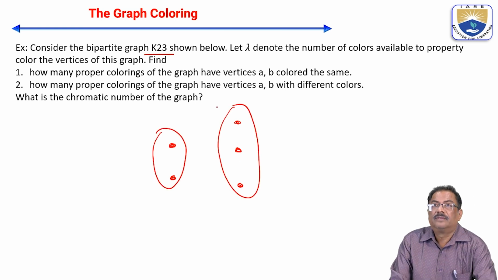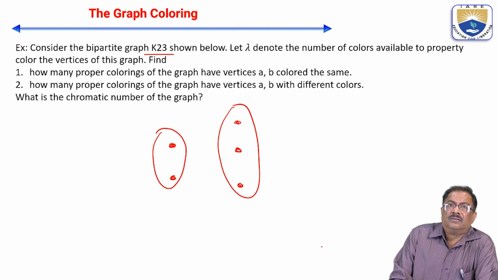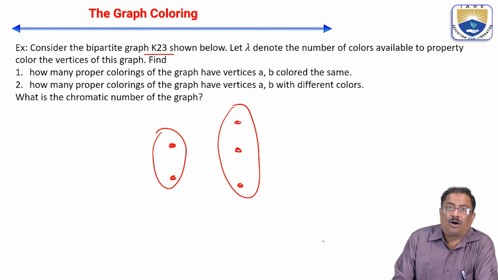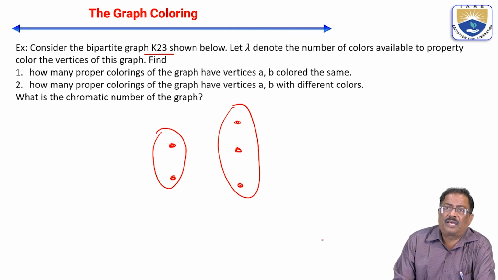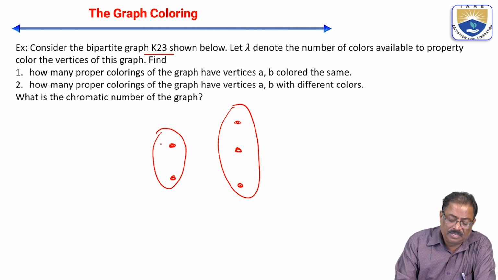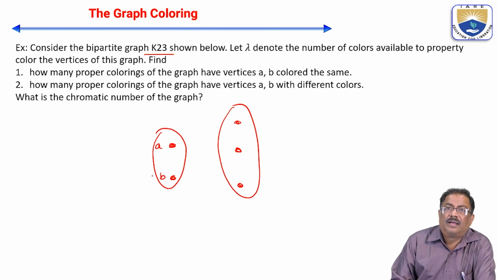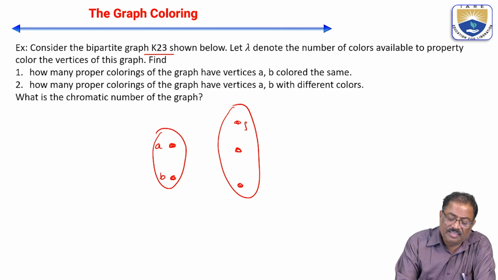Now, the question is how many proper colorings of the given graph with A and B colored with the same color. So here, let us say this is A and this is B. And next this is F, G, H, let us say.